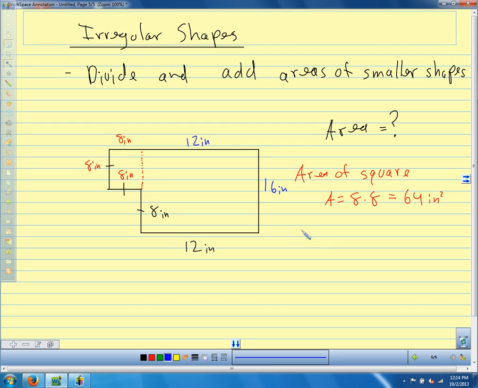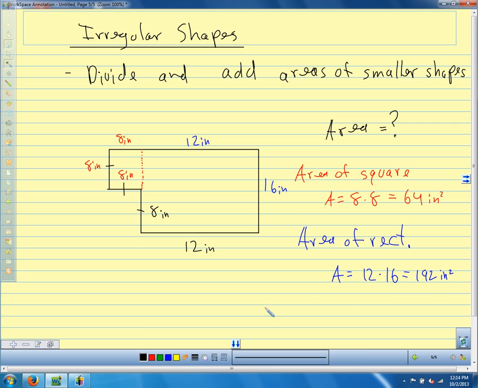So the area of the rectangle, and I'm just going to use an abbreviation, rectangle, is, what's our formula? Area is base times height, and our base is 12, and our height is 16, and I multiply that out, and I get 192 inches squared.